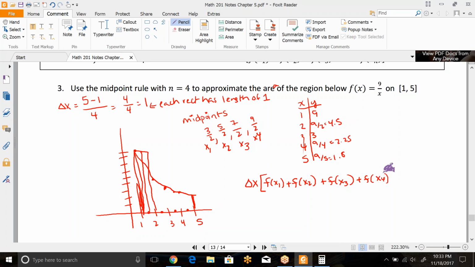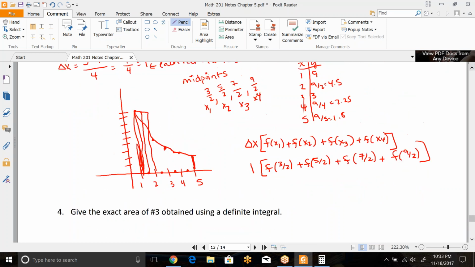And the number of x's you should have inside your function is the number of subintervals they told you to do. So remember our delta x is 1, so we're going to have to evaluate f of 3 halves plus f of 5 halves plus f of 7 halves plus f of 9 halves.